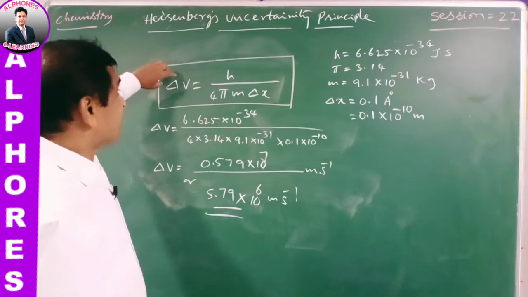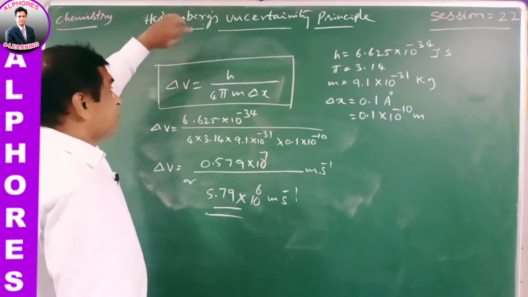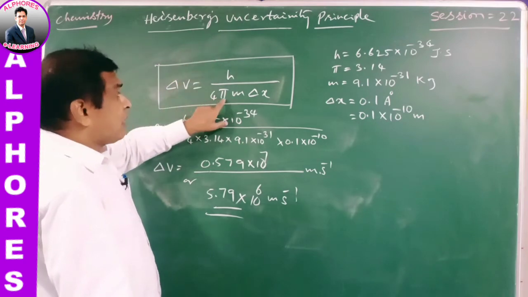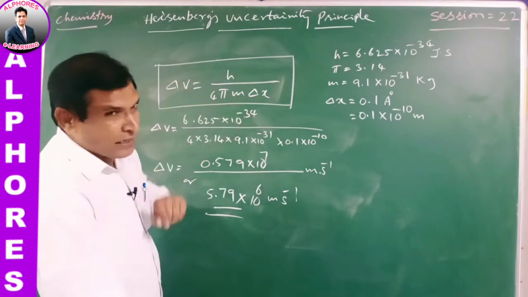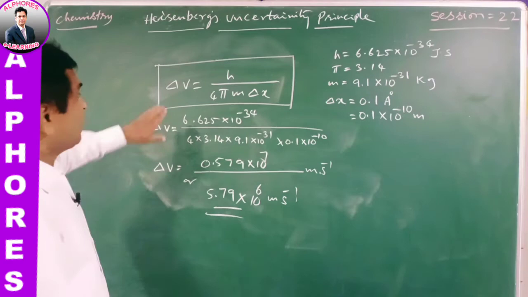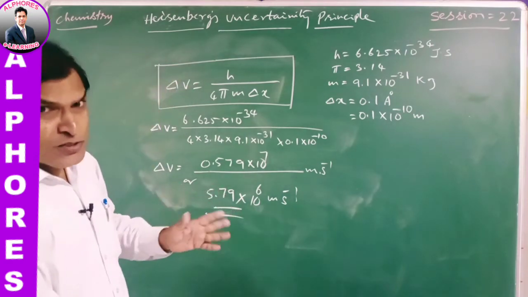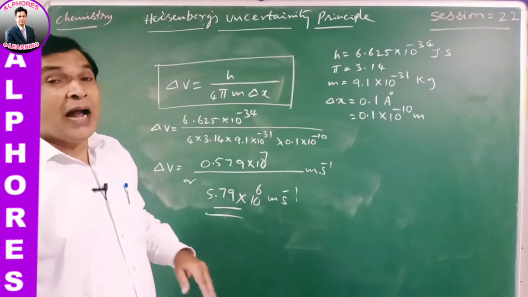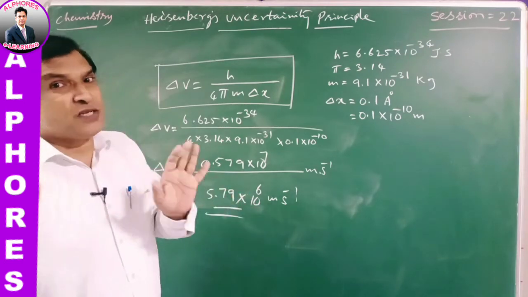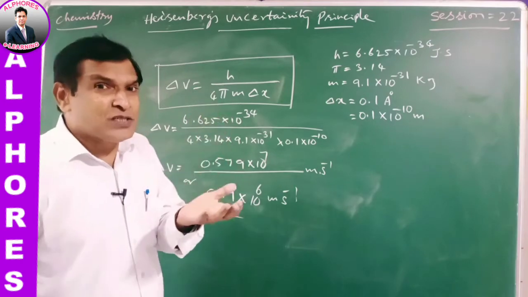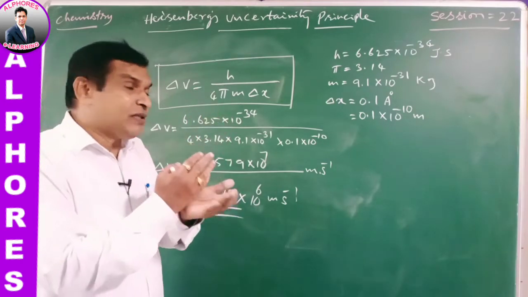Delta V, uncertainty in the velocity, is equal to Planck's constant by 4 pi m delta x. Sometimes instead of giving uncertainty in the velocity, they will give the velocity of the particle and a certain percentage. So from the given velocity we can calculate delta V, then we can substitute.